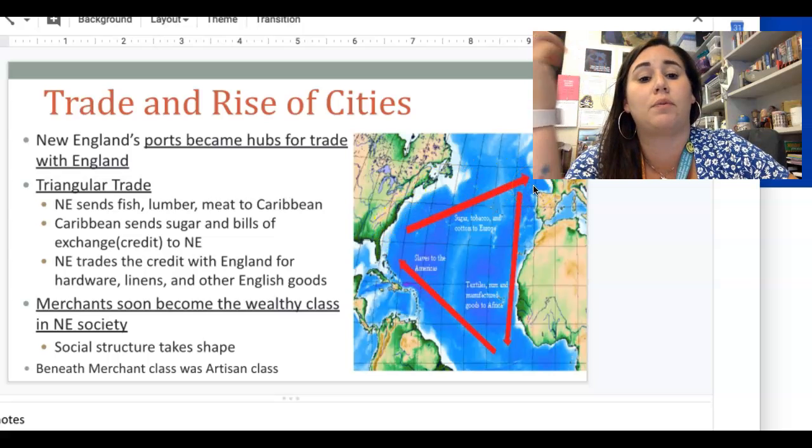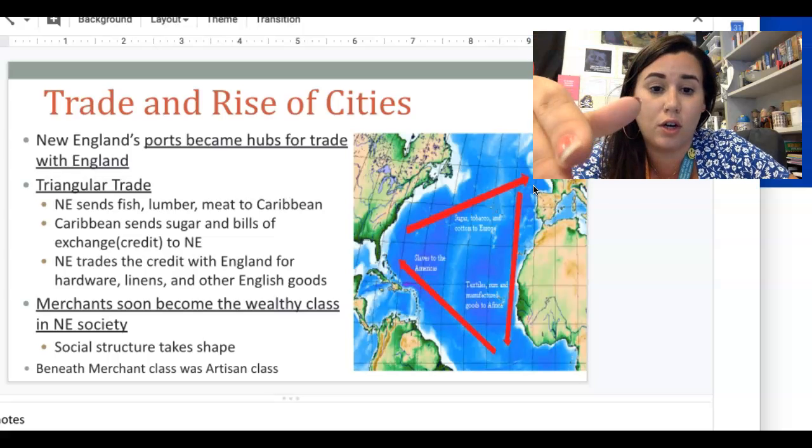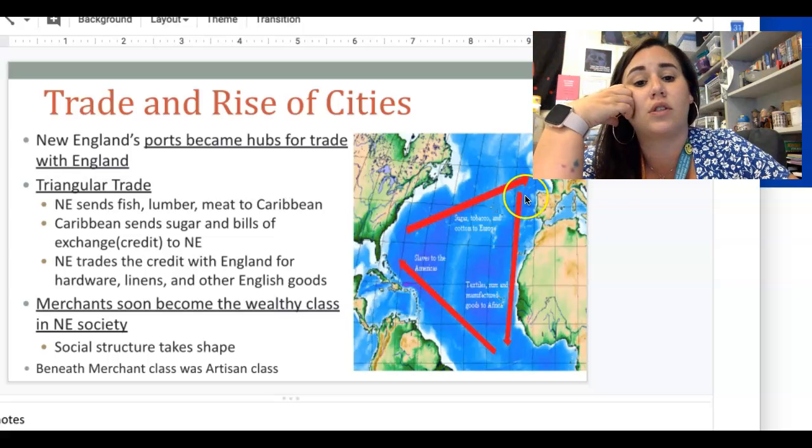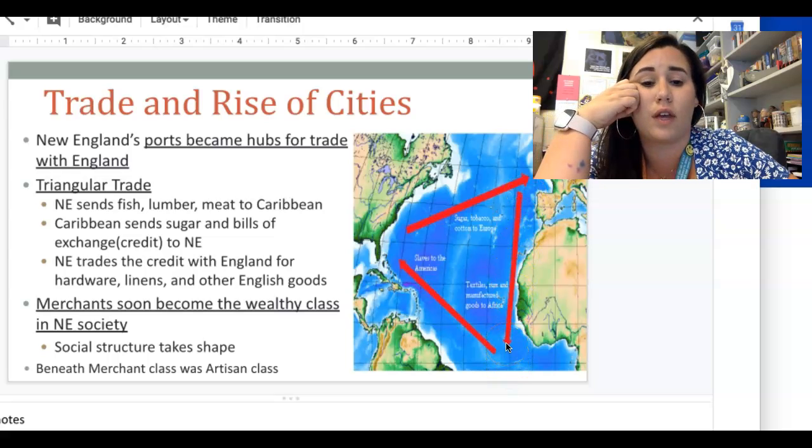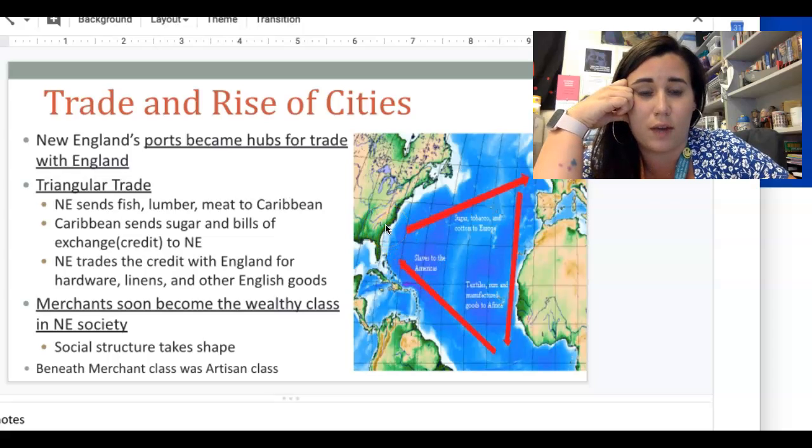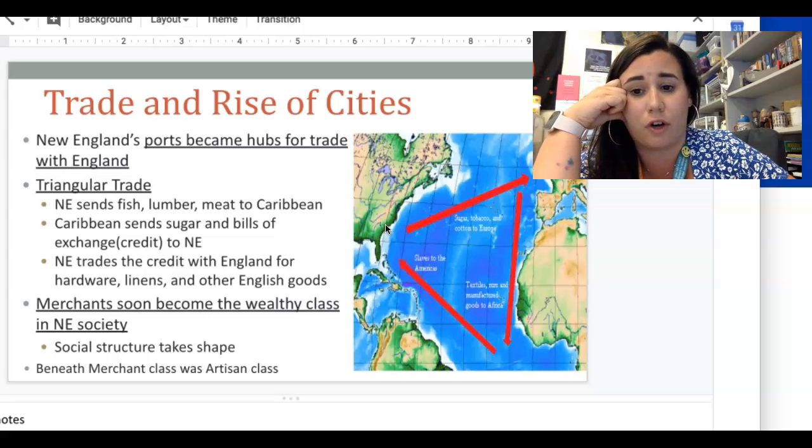There they would manufacture those goods. They would turn sugar into rum, and they would send those finished goods down to Africa, where they would trade those things for slaves, which would then be carried to the Americas. So that was the basics of triangular trade, though there are other goods that are involved.